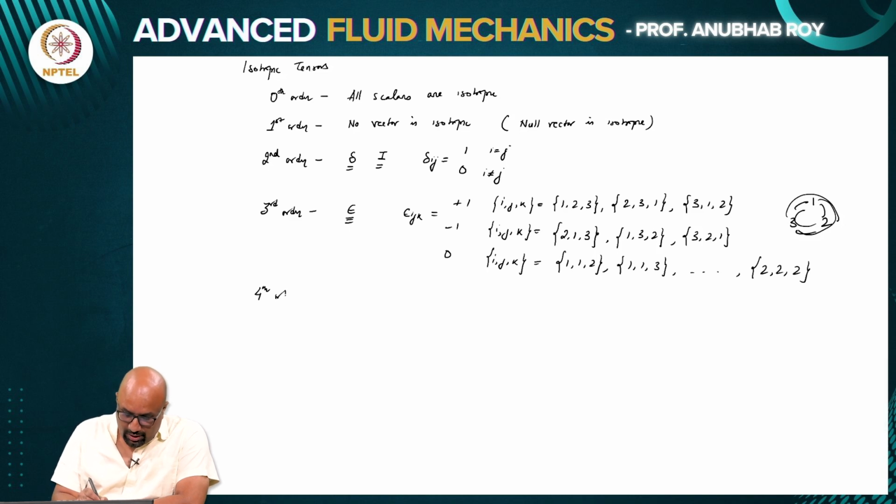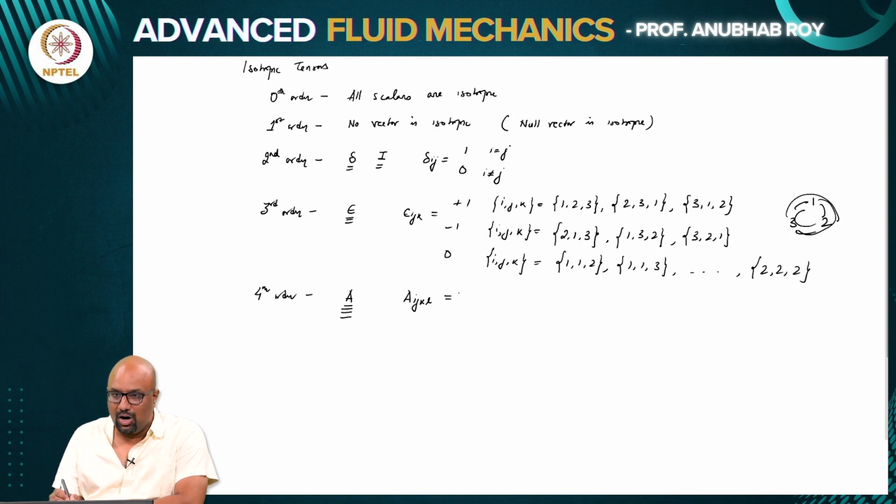For fourth order, and actually for any order higher, the isotropic tensors are combinations or products of the lower order isotropic tensors. So, when I say that, if I label a fourth order isotropic tensor with the letter A, it has 4 indices i, j, k, l.